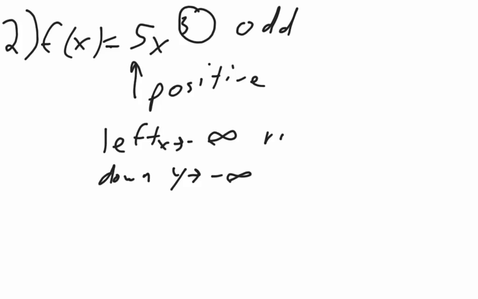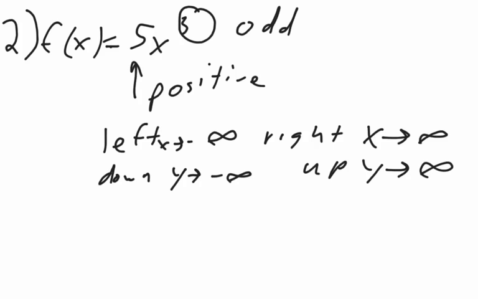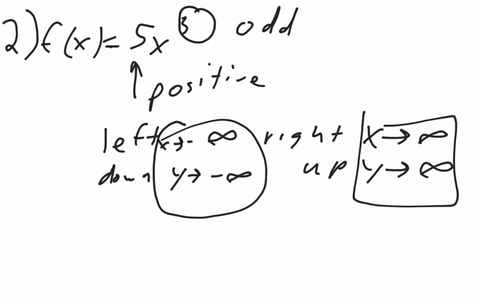And at the right part of our graph, which means x is going to be big, we went up, which means y is going to go to infinity. So these are the answers to our question.